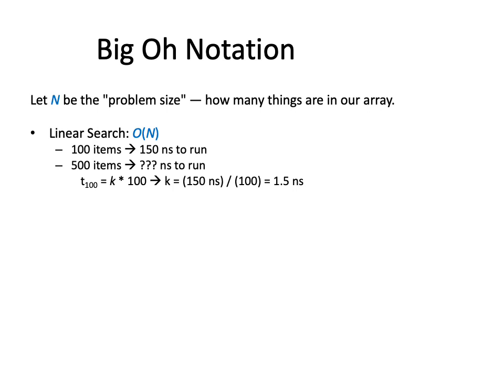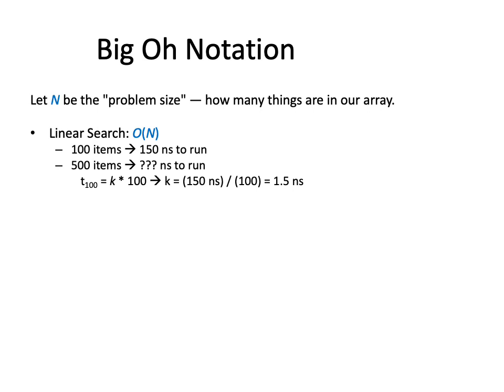So here's what I have. The time it takes to do 100, so t sub 100, is equal to k, some constant of proportionality, times 100 items, so n. So solving for k, 150 nanoseconds is t100 divided by problem size 100, which gives us 1.5 nanoseconds per item, if you will.